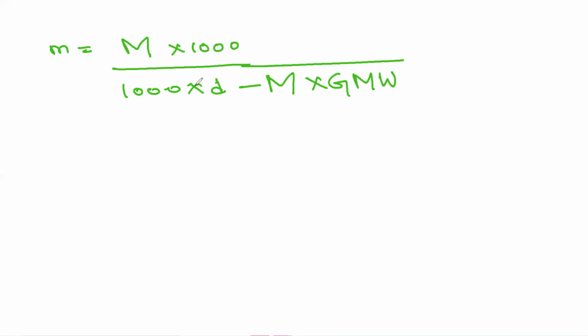This is a direct formula. By using this, we can find molality, mole fraction, everything. So in this formula, capital M is molarity and D is density, and we use molarity into gram molecular weight.